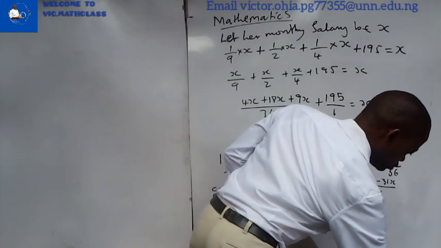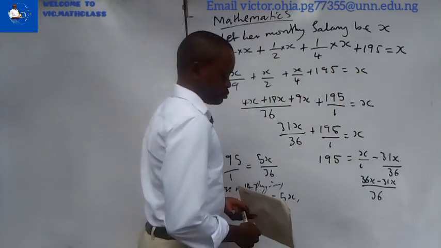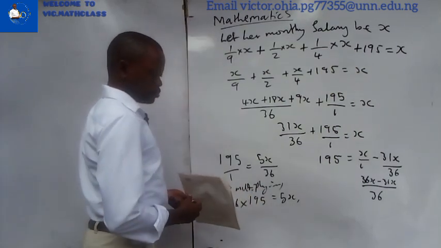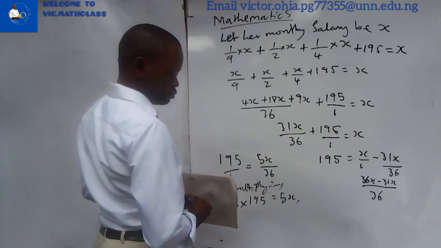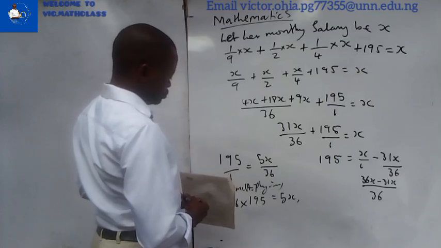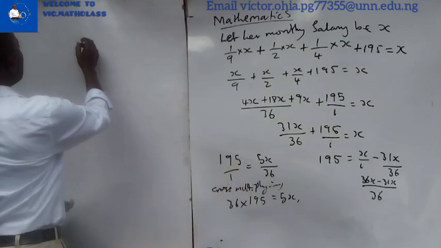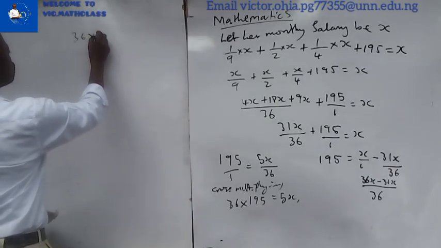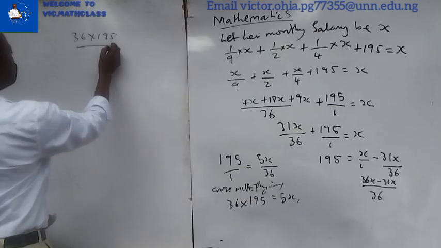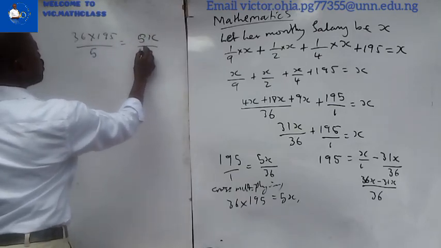If you divide both sides by 5, you will have 36 times 195 over 5 equals 5x over 5.